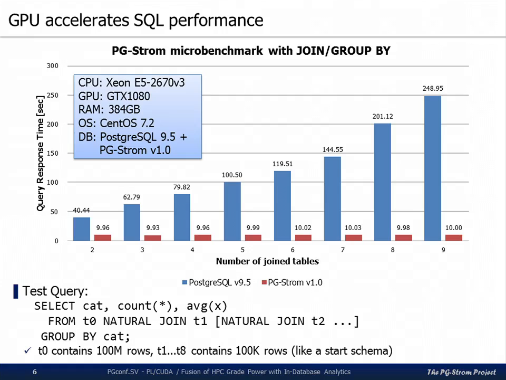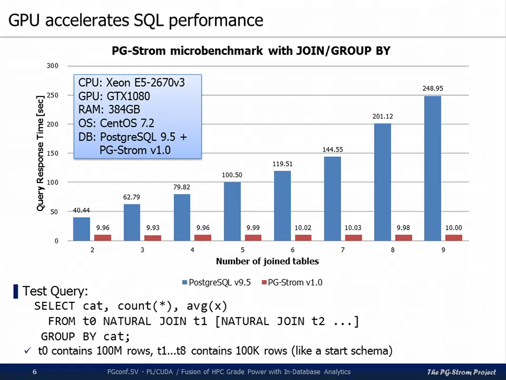Its performance is excellent. This is a simple micro benchmark when we join multiple tables. In the case where we join one large table and one small table, normal PostgreSQL returns the query in 40 seconds, but pgstrom returned in about 10 seconds.